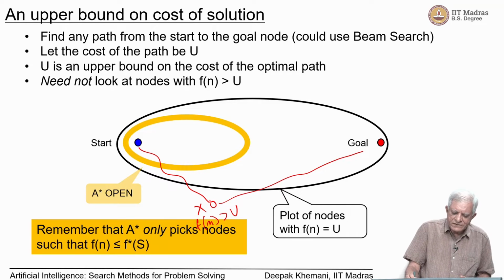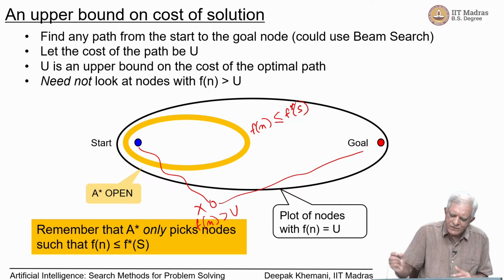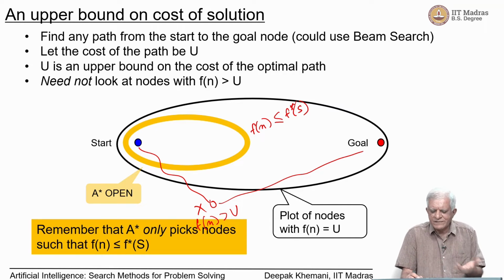So, the search frontier for A star is always going to be within that. We have already made this observation that for any node that A star picks, its f of n is always less than or equal to f star of S, which is less than the optimal cost in any way.